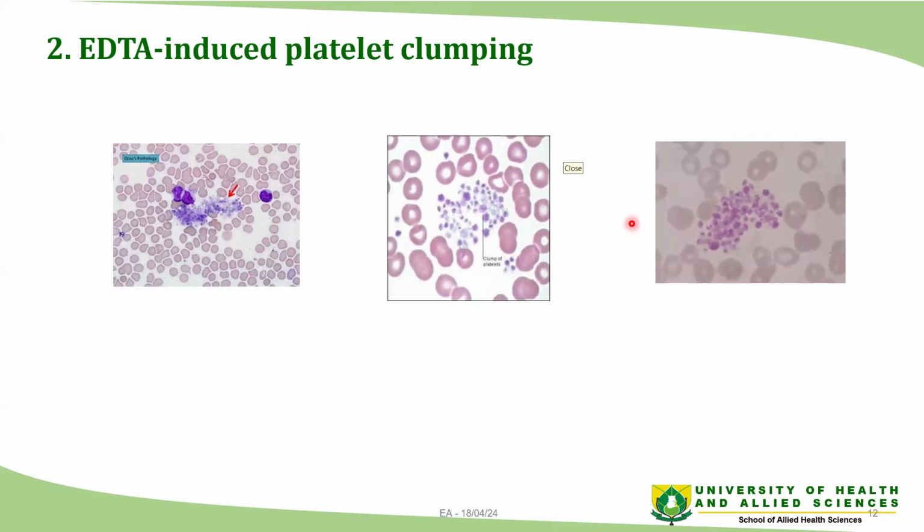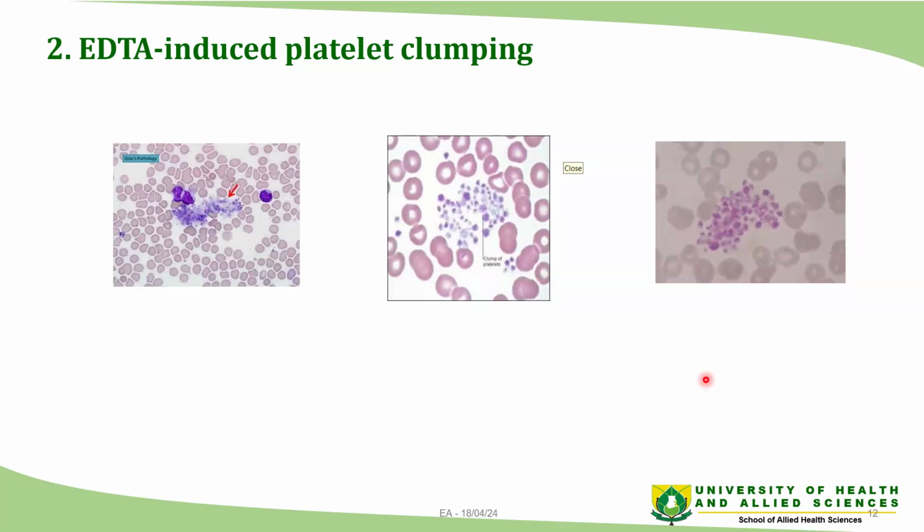So if you want to be sure whether this is a true or an EDTA-induced platelet clumping, then you may want to take a sample from the same patient and put it into citrate blood and see whether, when you prepare the film, you are still going to see this kind of platelet clumping. Usually, you will not see any platelet clumping when you put it in the citrate.